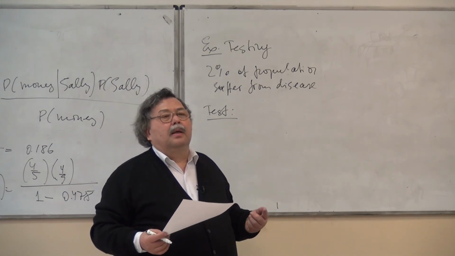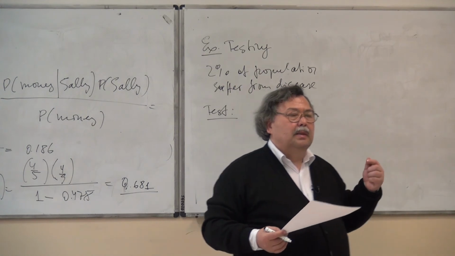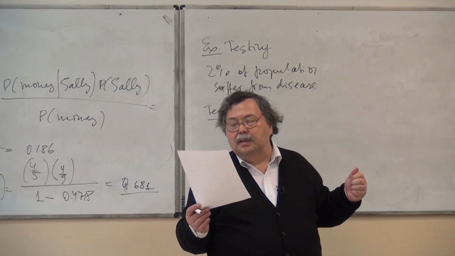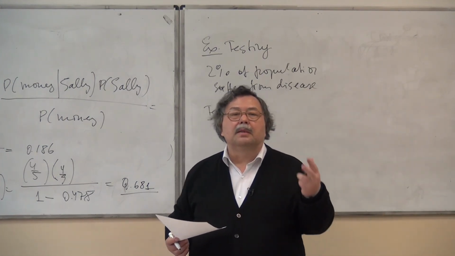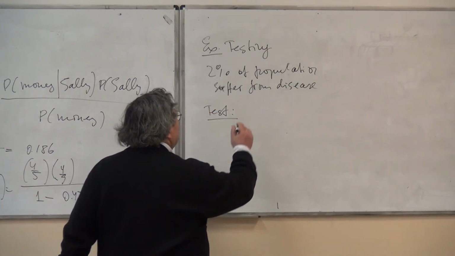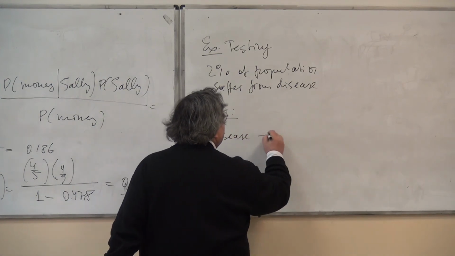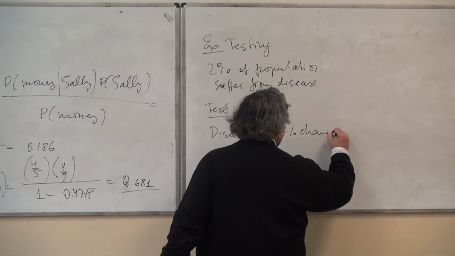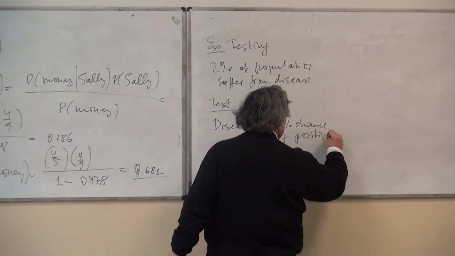First, if the person that undergoes the test actually has the disease, then there is a 97% chance that the test will give a positive result. Positive means that the test indicates the presence of the disease, okay? So, if there is the disease, then 97% chance of positive result, positive test, okay?